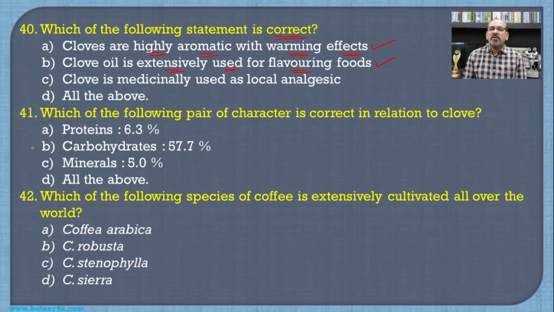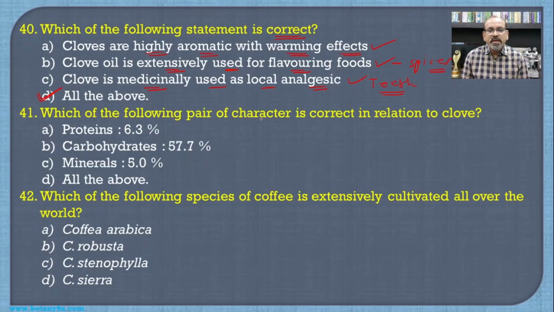This is also correct, as it is used as a spice. Then, clove is medicinally used as a local analgesic. Many times it is used to relieve pain in the teeth, and hence it is also a correct statement. All three statements given in this question are correct, and hence all the above becomes the answer.